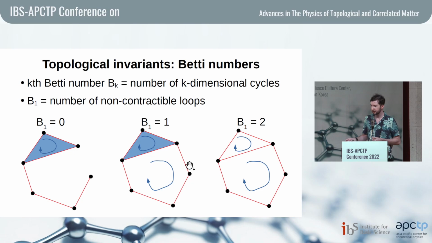Whereas on the right-hand side here, there is no face inside here, so this cycle becomes non-contractible. In fact, we have 2 non-contractible cycles, so the first Betti number is 2 in this case. And this can be generalized also to higher dimensional Betti numbers, which will describe objects such as voids and so on.